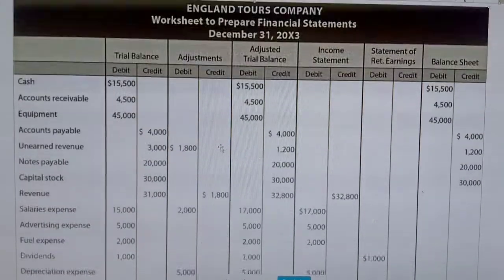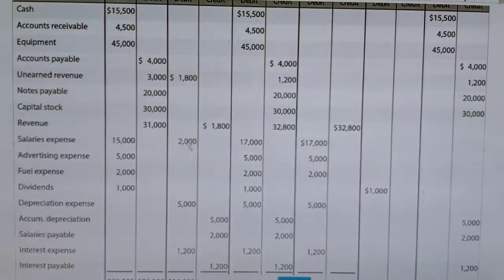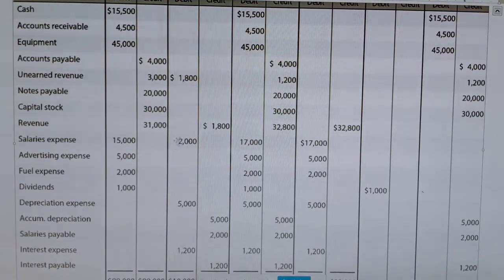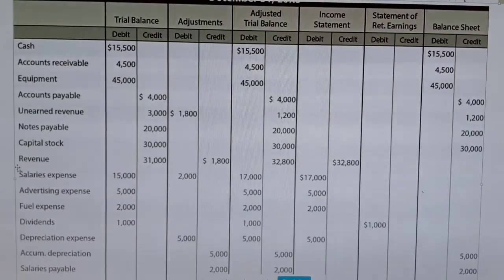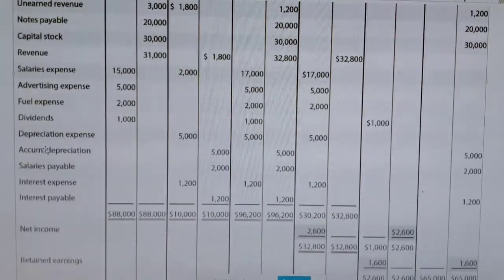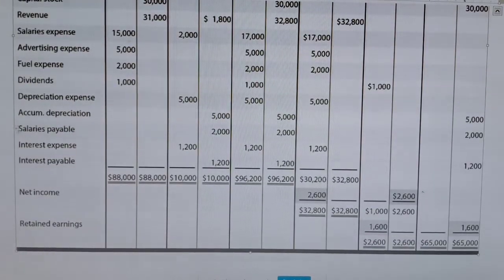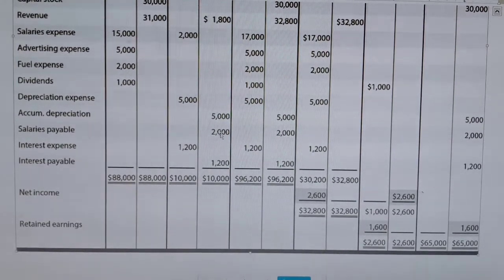Ang lalagay na lang po natin is yung amount na debit 2,000 dito sa under ng adjustment. So, ayun po yun. Ito, debit 2,000. And then next is credit salaries payable 2,000. At wala po tayong record na salaries payable from the original account, kaya idadagdag natin yung salaries payable dito sa ilalim ng accumulated depreciation na credit 2,000.